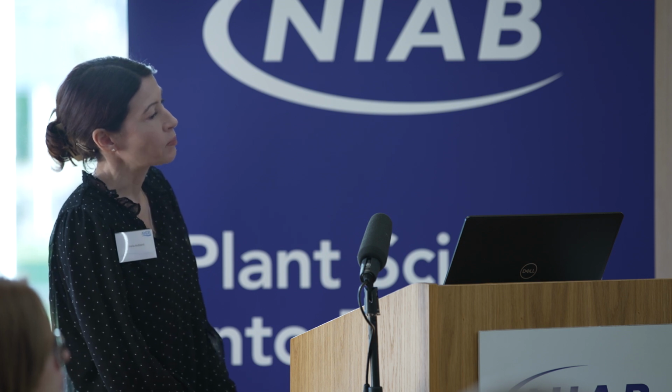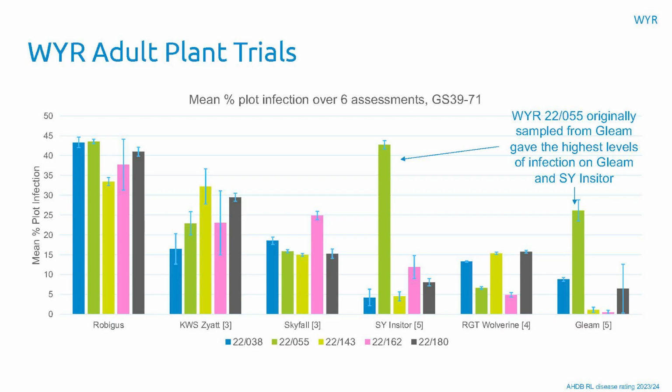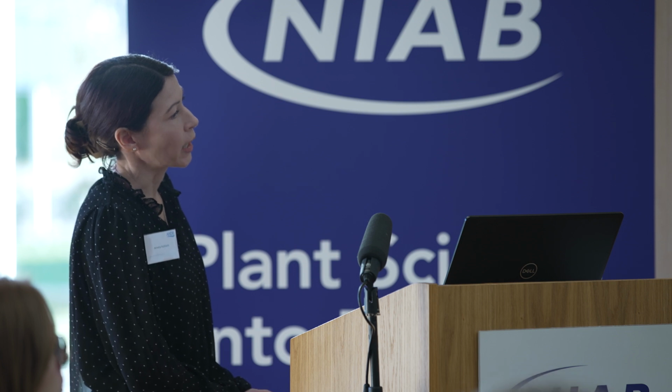So you can see we have these big peaks here with the isolate 22055. And if you remember from the slide before, 22055 was originally sampled from Gleam, and it gave the highest levels of infection on Gleam and Insitor. And also I put up RGT Wolverine there with a rating of 4, which had between 5 and 15% with all the isolates.